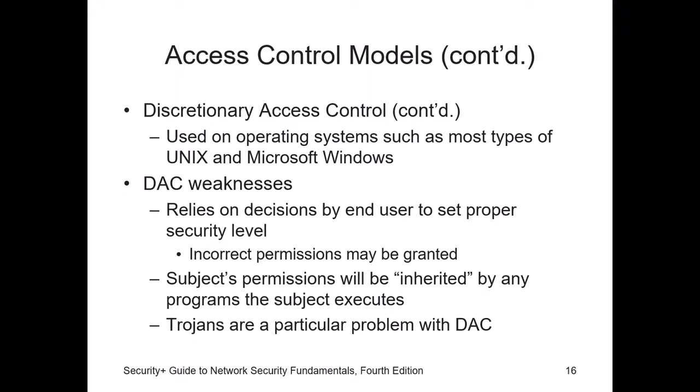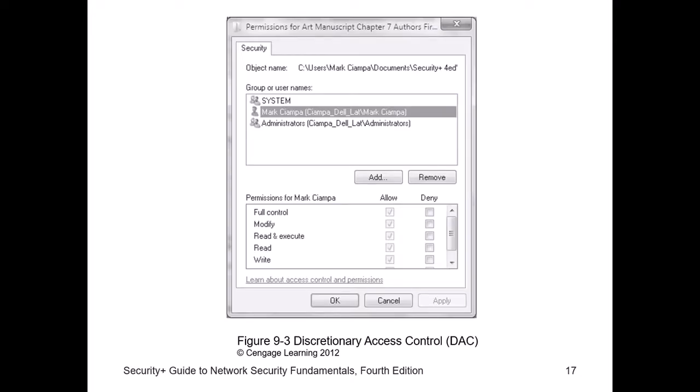The two ways of doing it: discretionary access control is when you allow full control, modify, read and execute, read and write. Everybody gets everything, right? That's a DAC. You don't want to do that. Restrictive means deny everything, right?